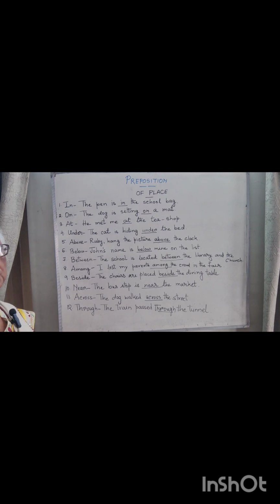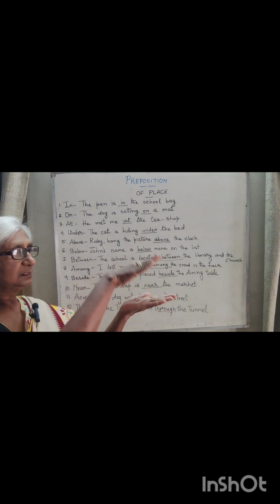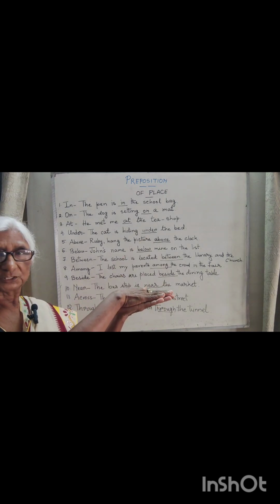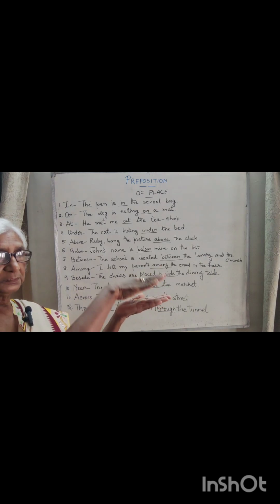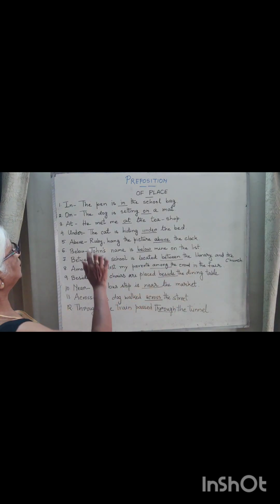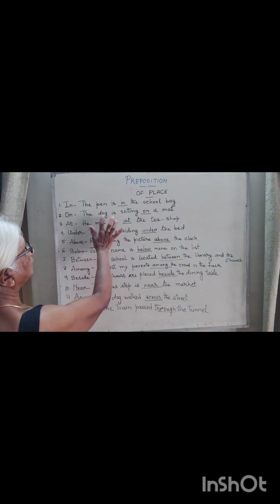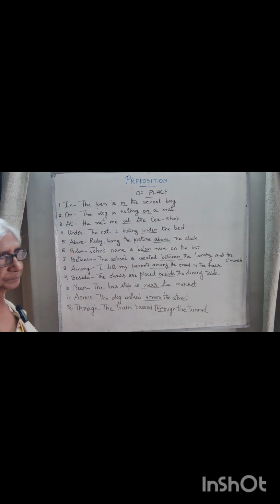The next preposition is on. I taught you before that on is something that has a touch with the surface. So here the place shows the touch with the surface of something. Here see, on, the dog is sitting on a mat.